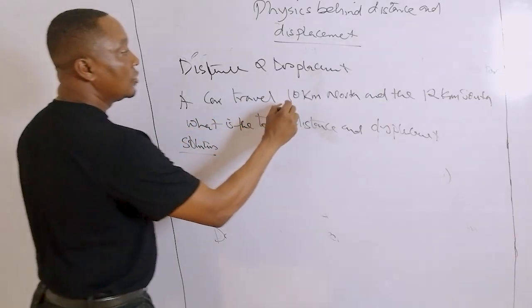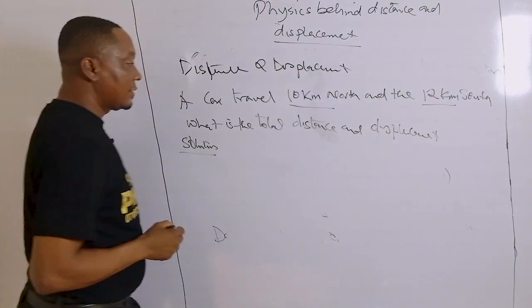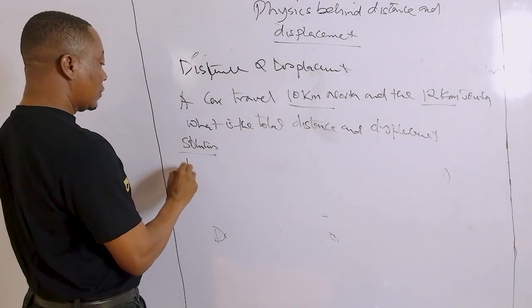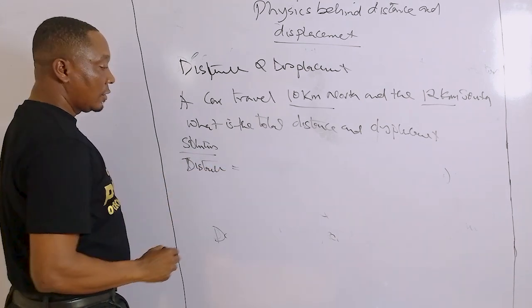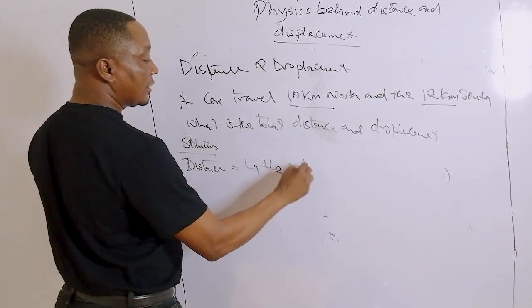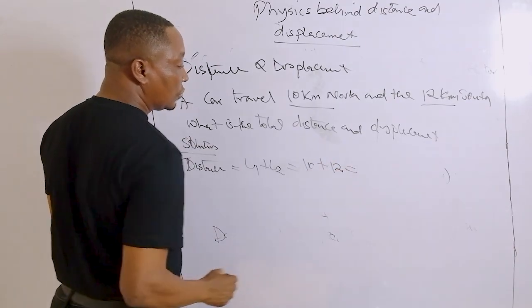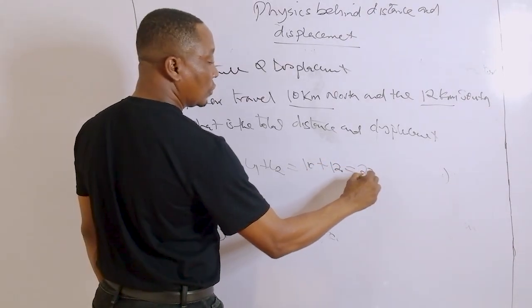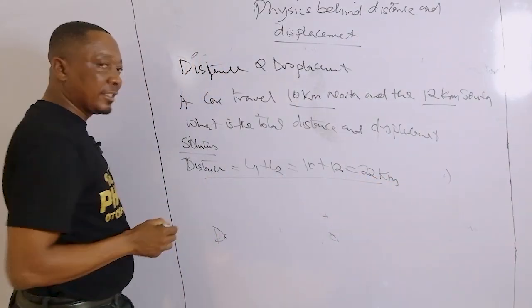The parameters are 12, 10, and 12 kilometers. So the total distance is what? Total distance is L1 plus L2. That means 10 plus 12 equals 22 kilometer. That is the total distance.